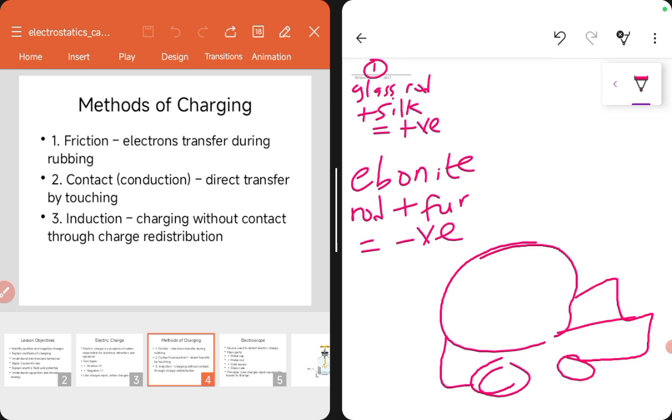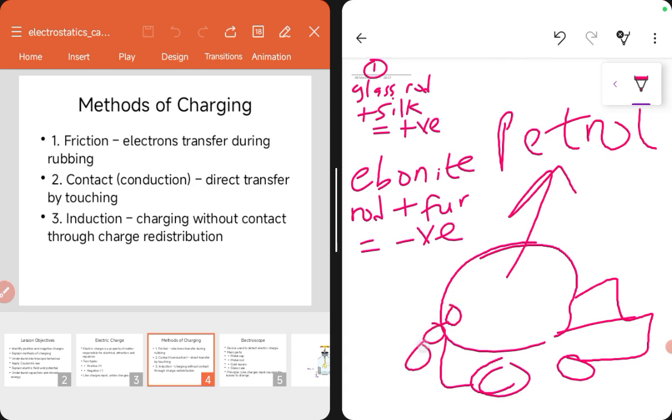And if these charges are not conducted away, it will lead to a spark. And because you're carrying petrol, which is very inflammable, it will lead to an explosion. So they attach a chain here that will be touching the ground, so that as charges are built up on the vehicle from the atmosphere, this chain will be conducting them away.